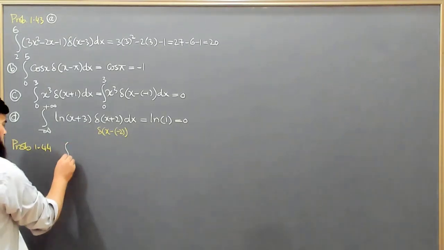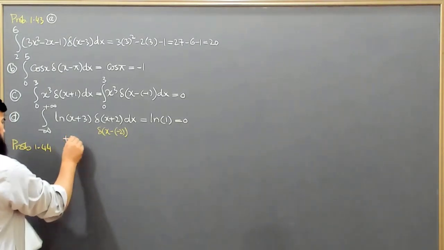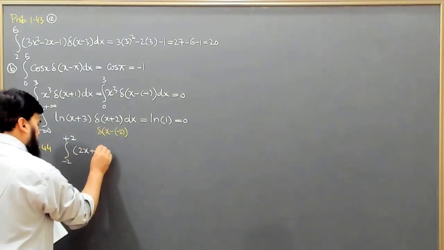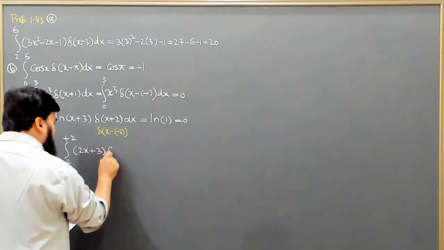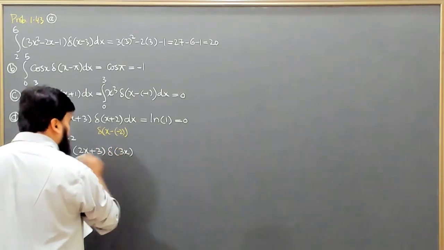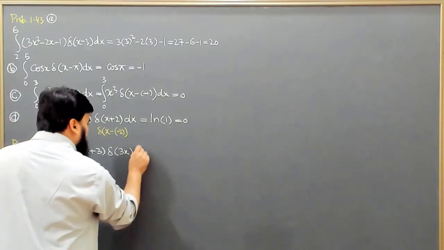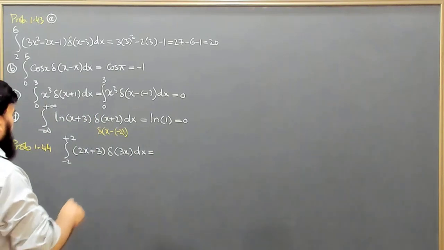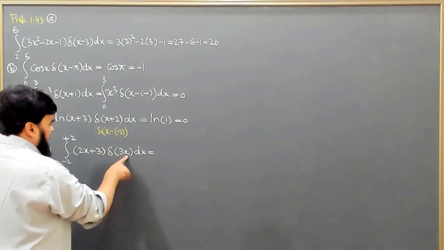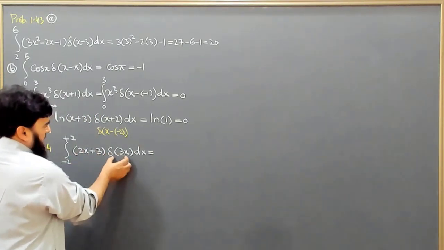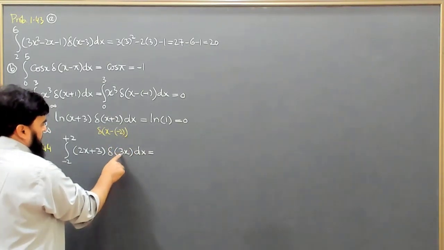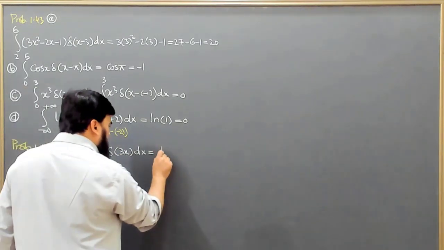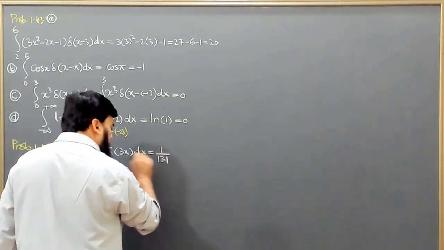This is the integral from minus 2 to plus 2 of 2x plus 3 times delta of 3x dx. Now I will first have to simplify the integral. The very first thing: delta of kx, the one that we solved earlier, becomes 1 over the absolute value of k, so this will be 1 over the absolute value of 3.